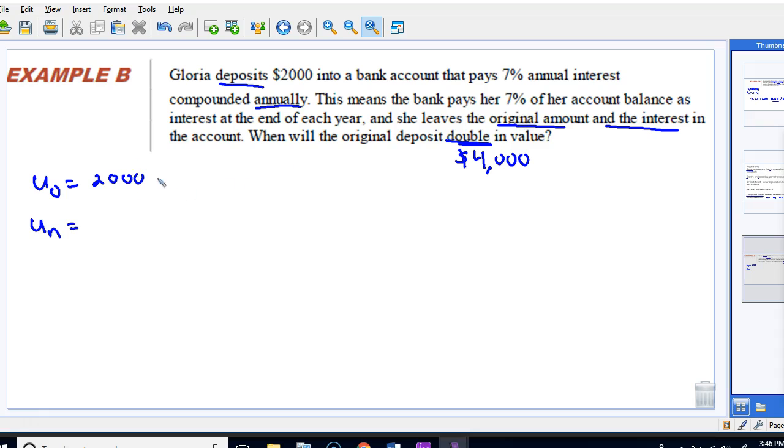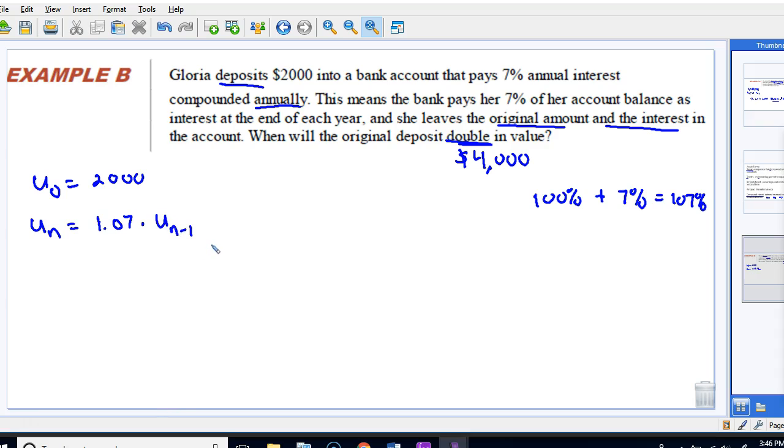So 100% plus 7% gives her a total of 107%. So if we take 107% and multiply it by the 2,000, that's how much money she'll have. Can we write 107% as a decimal? 1.07. So we're going to multiply that by U sub n minus 1.